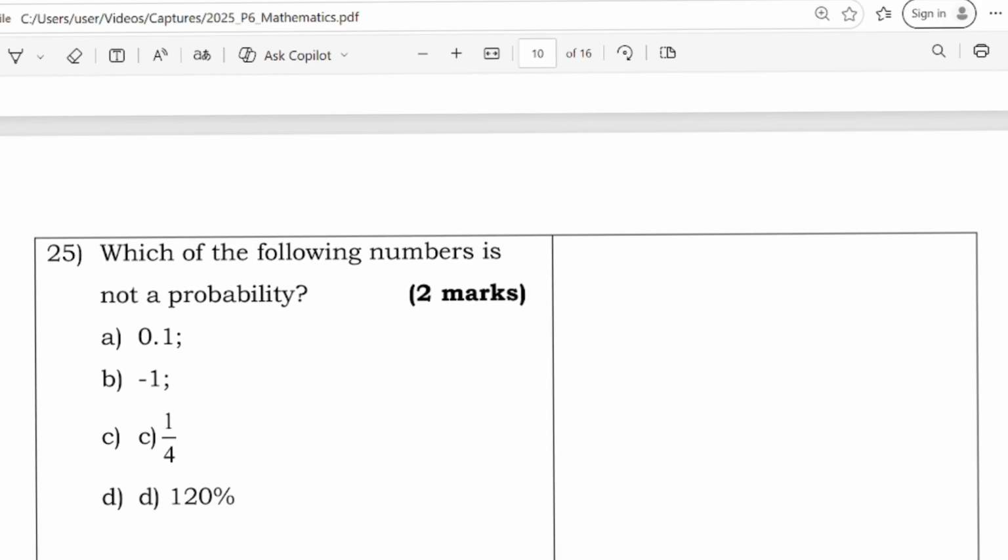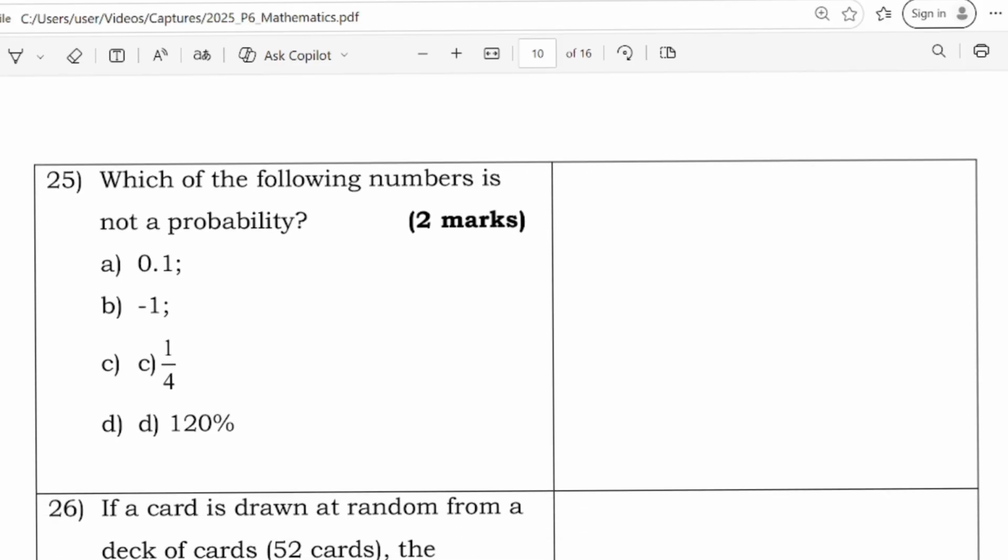Yes, which of the following numbers is not a probability? I think from here, A and C are the only probabilities. The rest are not probabilities, because a probability must not exceed 1. It is in the range between 0 and 1, but not exceeding 1. That's why I must choose only that from the choices that we had.